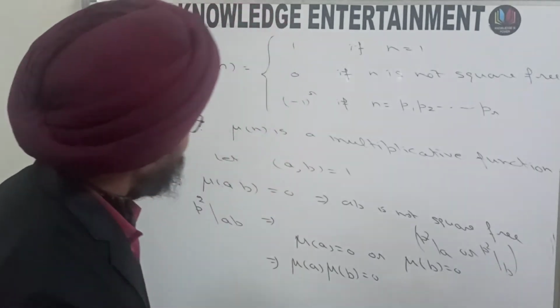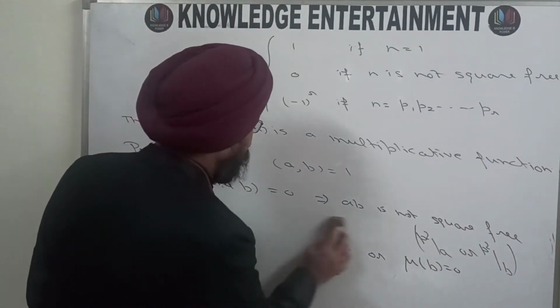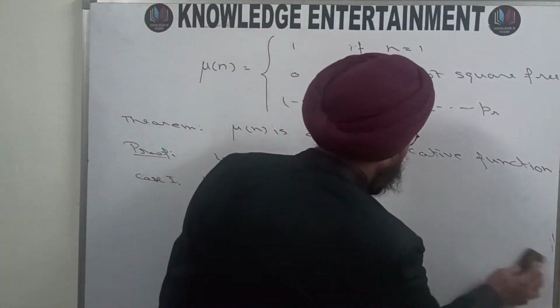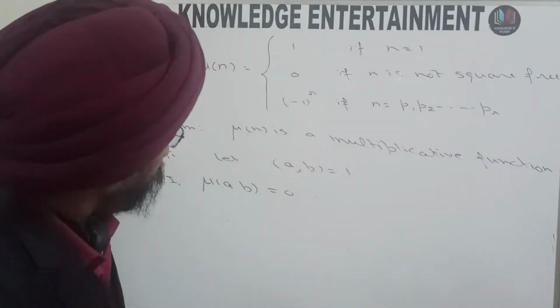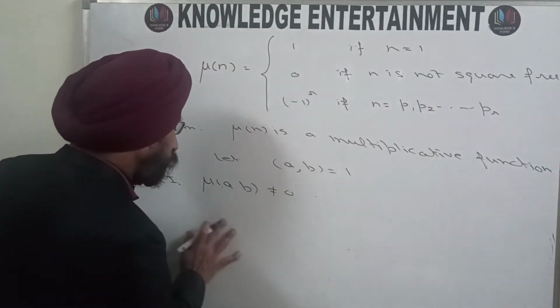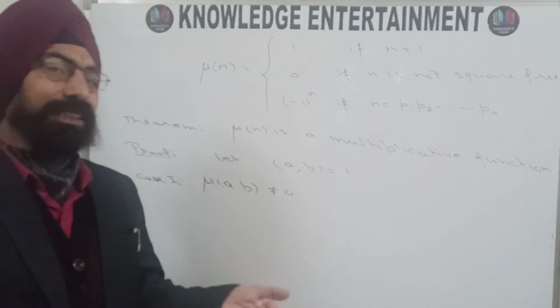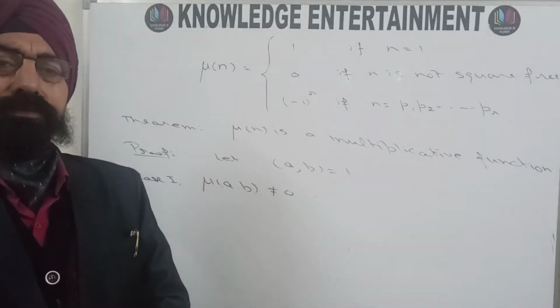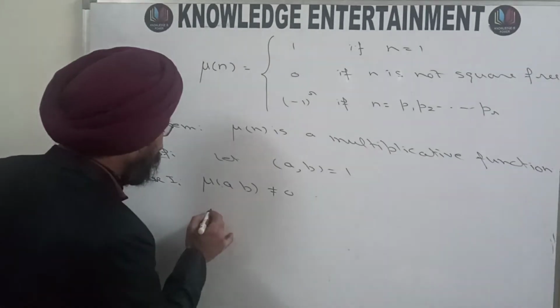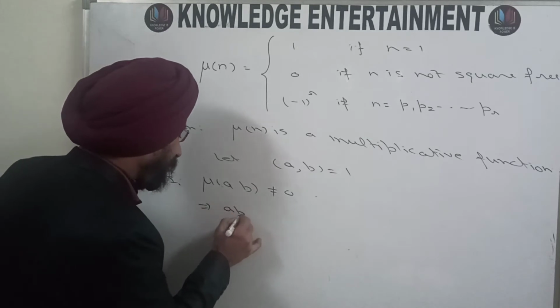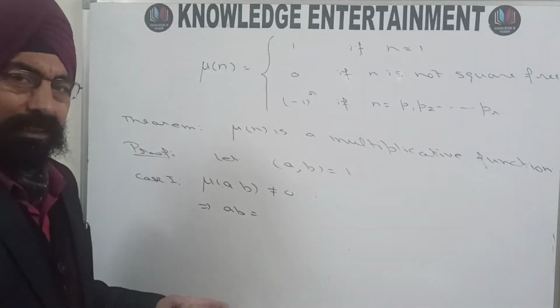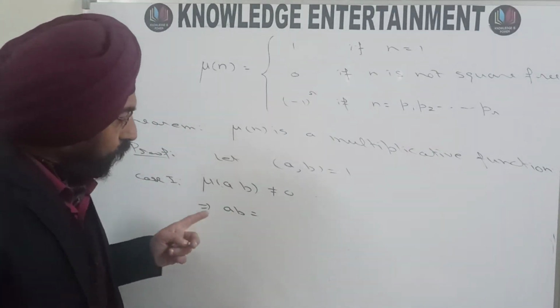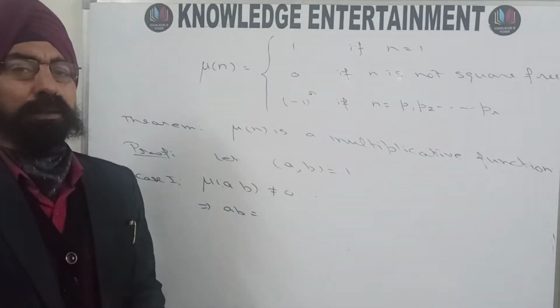Now look at the other case. If mu AB is not 0, it means it is square free. It is square free means in AB, no prime factor is repeated.